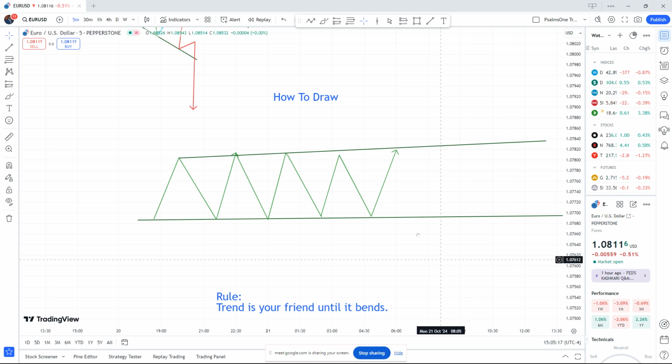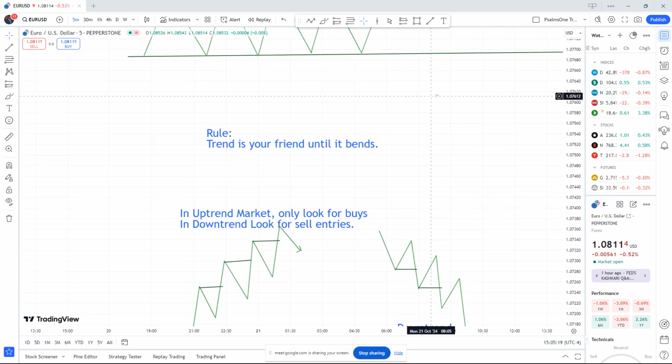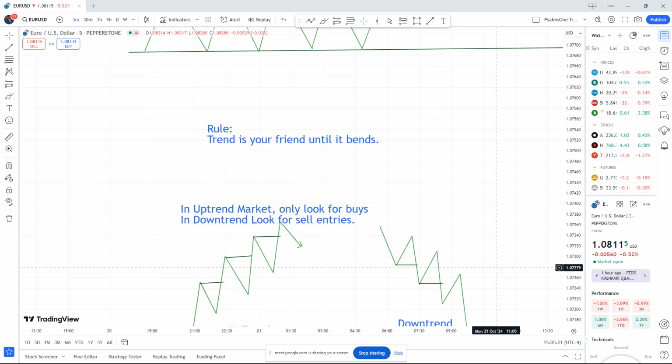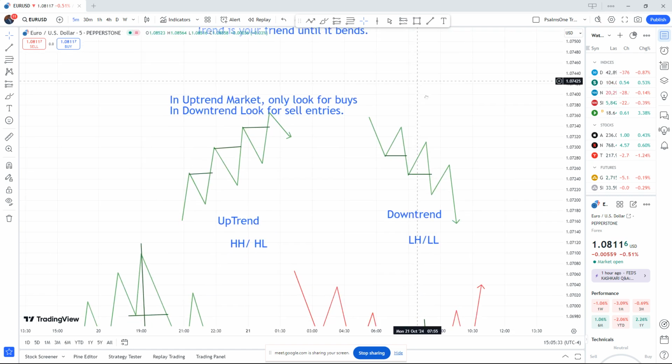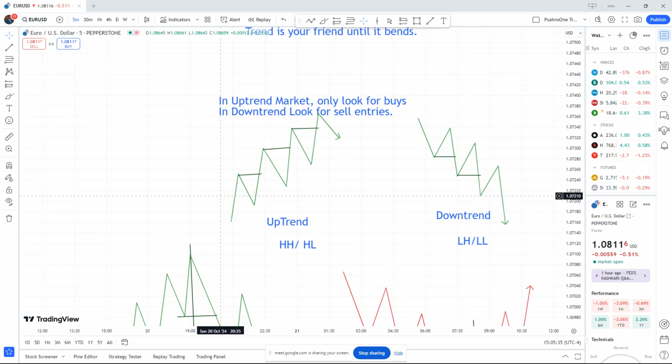When it breaks out, the trend can break up to the upside or to the downside. And there is a rule for it. I'm just doing a quick recap of what we did last class.